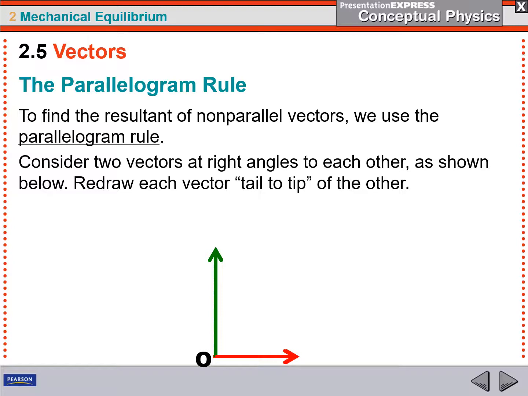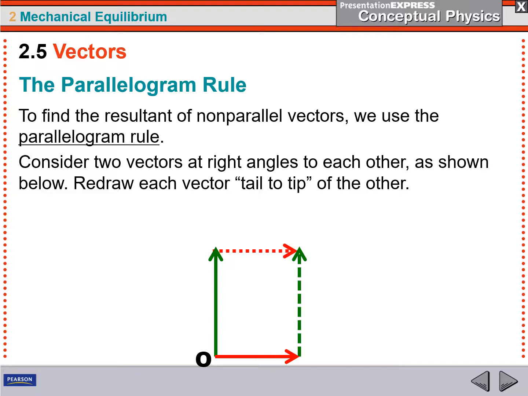Basically, you take both of these vectors and recopy them tail to tip like this. Let's move the green arrow over so that its tail is now on the tip of the red arrow, the bottom arrow. Let's take the bottom and move it upwards so that its tail is at the top of the green arrow now.